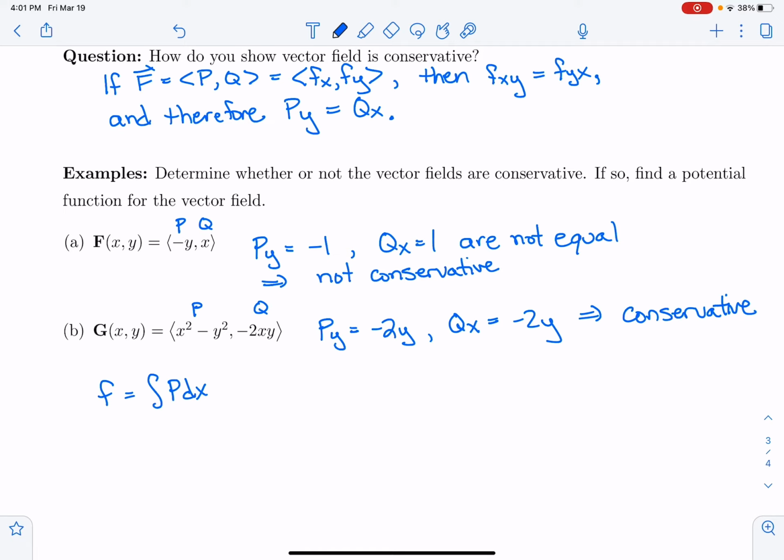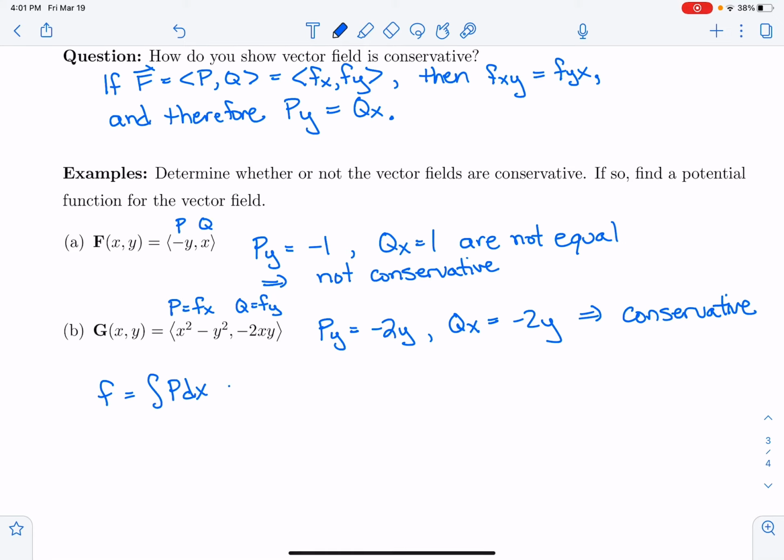Because P is supposed to be equal to the partial derivative of f with respect to x. And we also recall that Q is equal to the partial derivative of f with respect to y. So I'm going to integrate this first function P with respect to x.